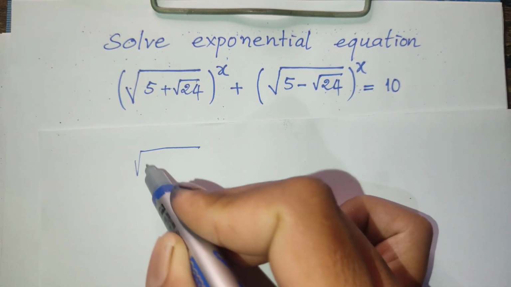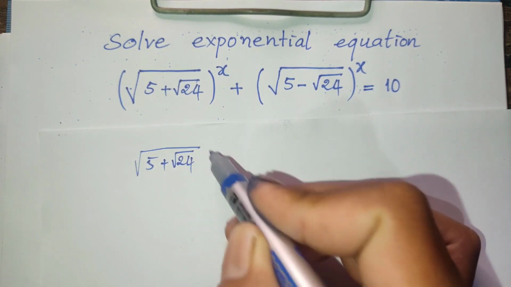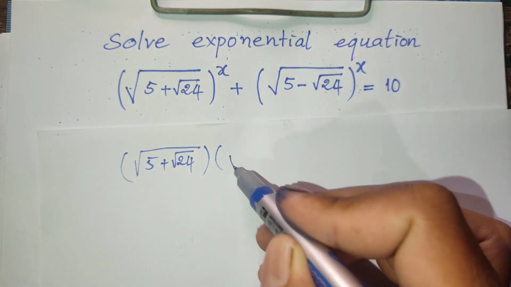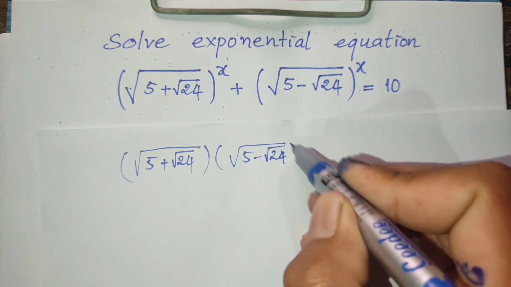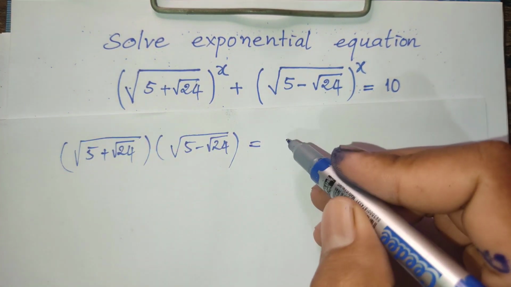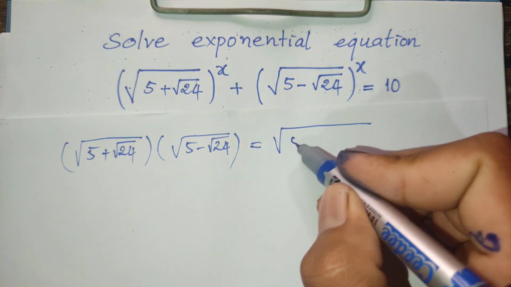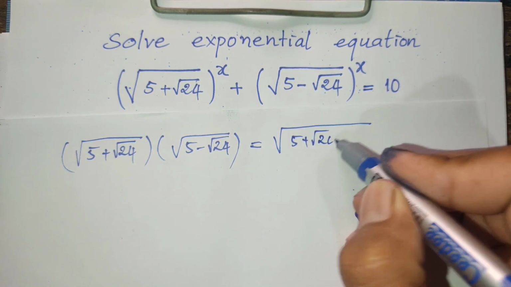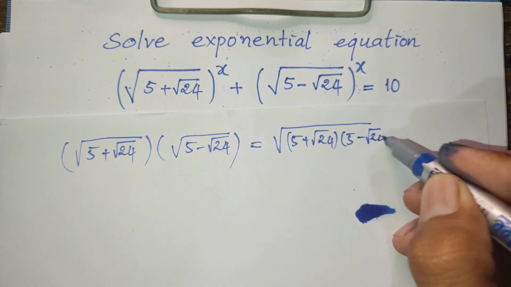If I write (square root of 5 plus square root of 24) multiplied by (square root of 5 minus square root of 24), this is equal to the square root of (5 plus square root of 24) multiplied by (5 minus square root of 24).